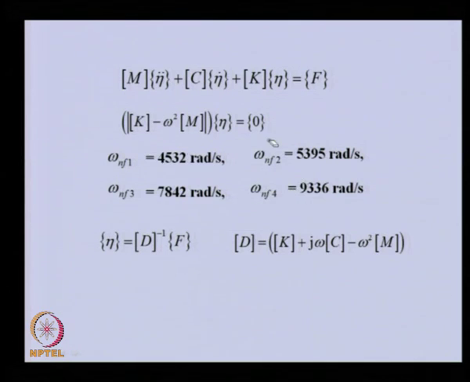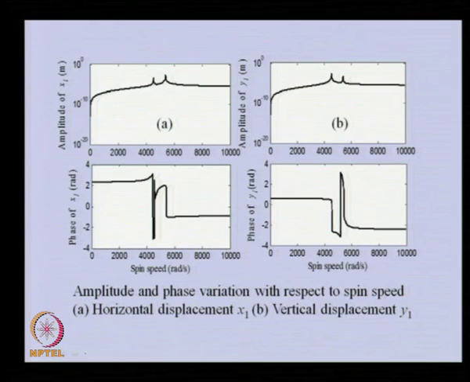Now, for the force response, we can use this directly without damping or with the damping. So, this is the unbalanced response, where D is this whole matrix. We can solve this for various values of speed, and we can plot the response like this.